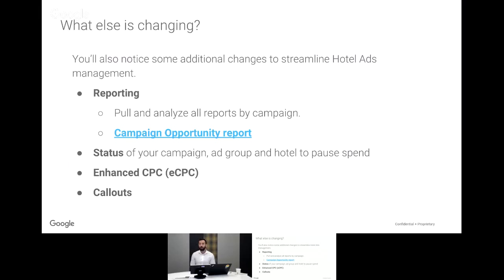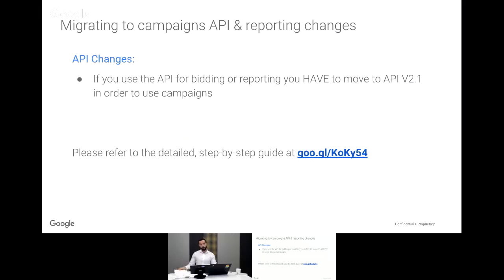Lastly is callouts, where we're basically helping partners to associate callouts now with both the campaign and ad group levels. So partners can now associate callouts on additional levels and have just much more flexibility on how they associate callouts. Lastly, I want to talk a little bit about the migration.